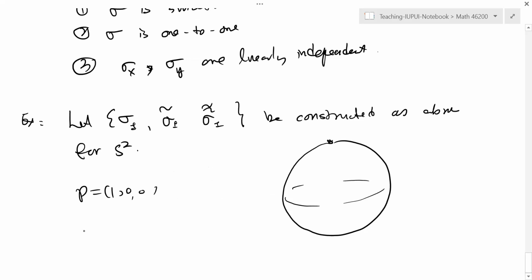Clearly sigma plus, because it's in the upper hemisphere. I think every point here is covered by one in the front, the other in the back, or left, or right. This particular point is only covered by one patch.